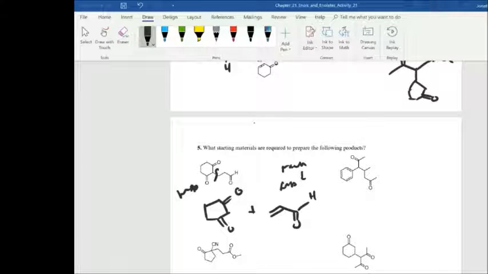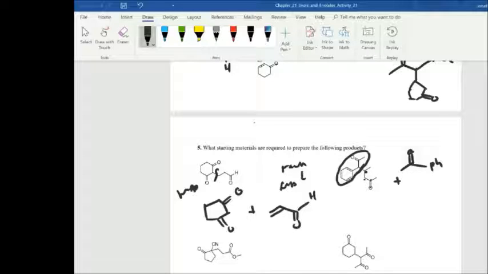Now for this one, it might look a little tricky and a little daunting, but if you break it apart into its components, it becomes relatively simple. Doesn't this part look kind of like your Michael donor? So you're just going to cut it up here. Plus, 1, 2, 3, 4.